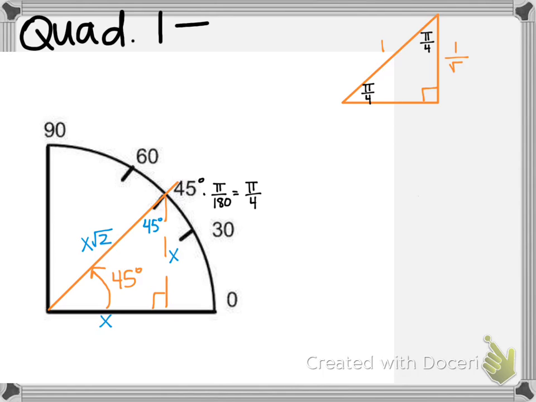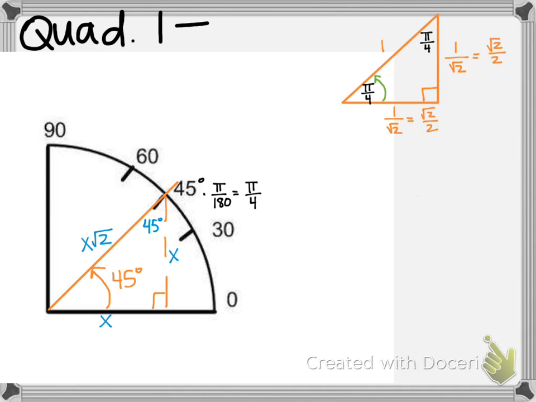I know that my radius is 1. Since I know my radius is 1, I can use the information from the 45, 45, 90 triangle to find the legs of this triangle. So that would be 1 over the square root of 2 and 1 over the square root of 2. Sometimes you'll see people write that as the square root of 2 over 2, or I like to say rad 2 over 2.